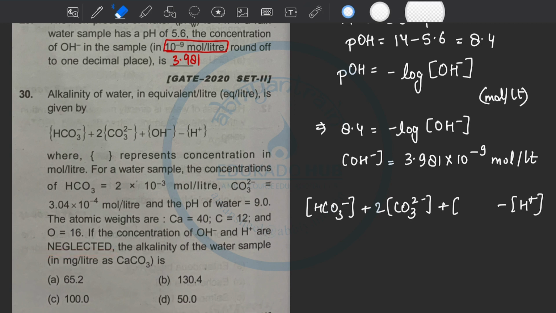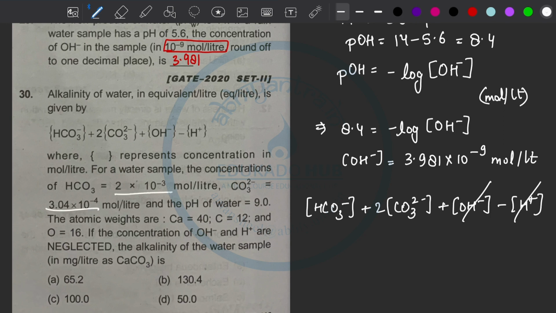So we can neglect these, and the concentrations of the others are also given. So the remaining concentration will be 2 into 10 to the power minus 3 moles per liter plus 2 into 3.04 into 10 to the power minus 4 mole per liter.